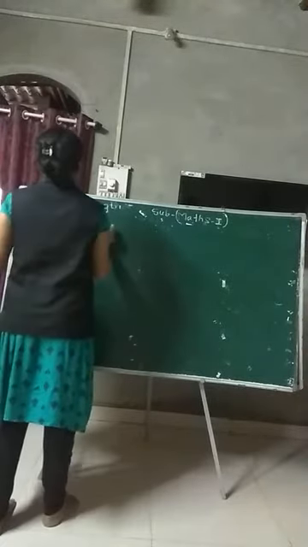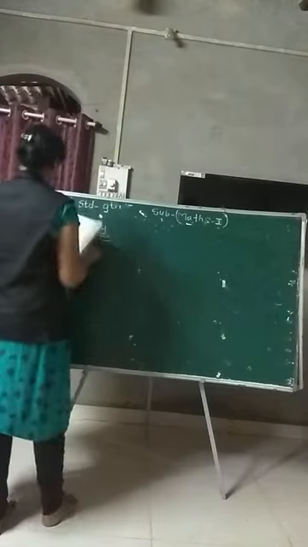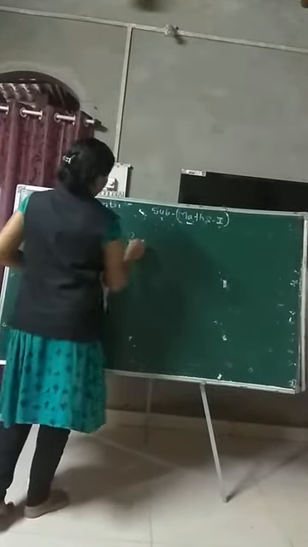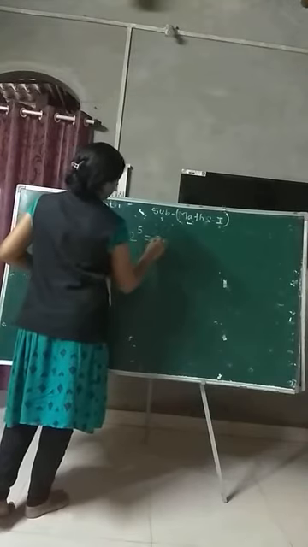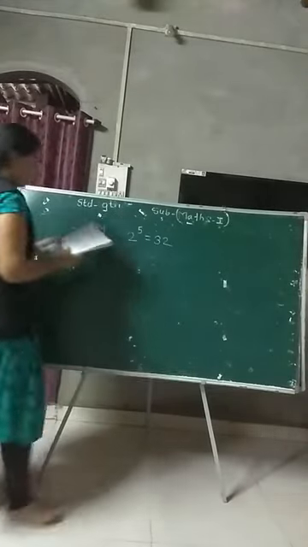For example, 2 raised to 5 is equal to 32.